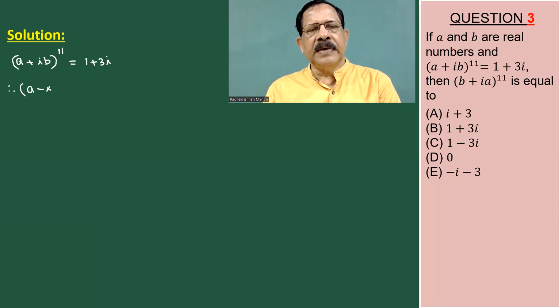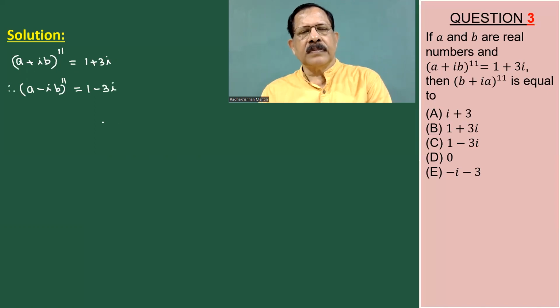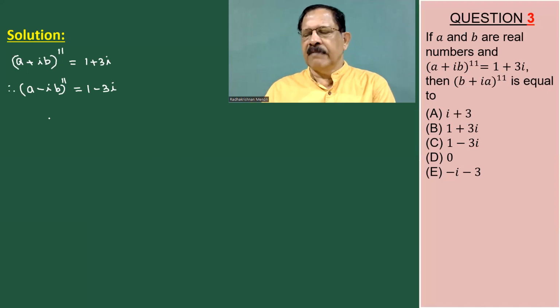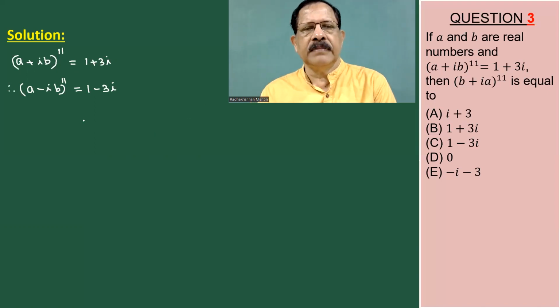So a minus ib whole raised to 11 is equal to 1 minus 3i. Why? Because for the imaginary part, the sign will change. The real part sign will remain as it is. That is why a minus ib whole raised to 11 is 1 minus 3i.